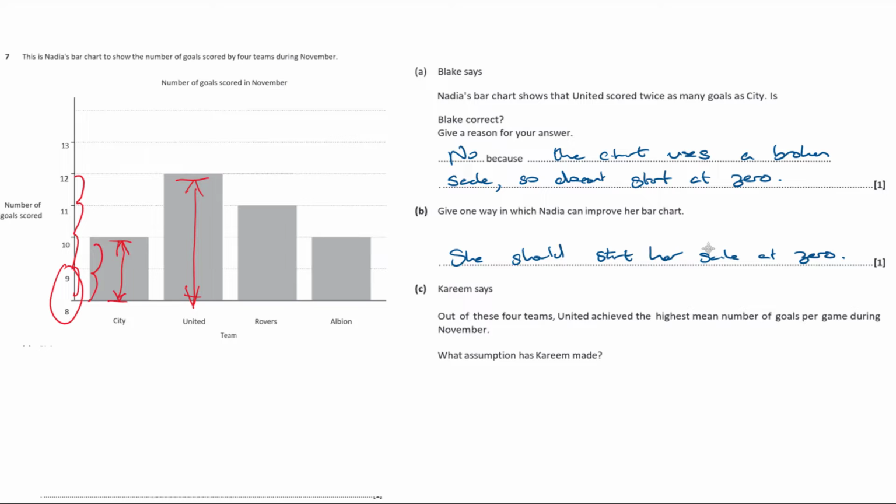So just by looking at the chart, we can't know for sure that United has the highest mean number of goals. I think Kareem must have assumed that each team played the same number of matches. Okay, so each team played the same number of matches, in my very poorly written handwriting.